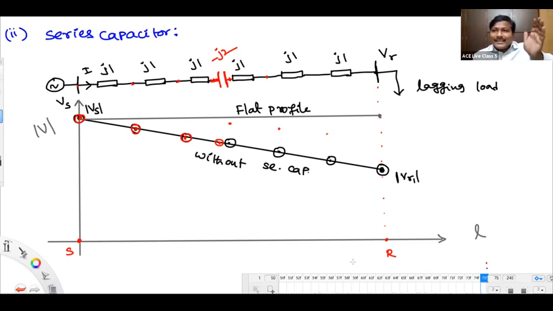See, up to the series capacitor location, the voltage will be more or less the same. At the series capacitor location, the voltage will rise and then again decrease. That's the profile you can experience with the series capacitor placement. I will draw on this line only.